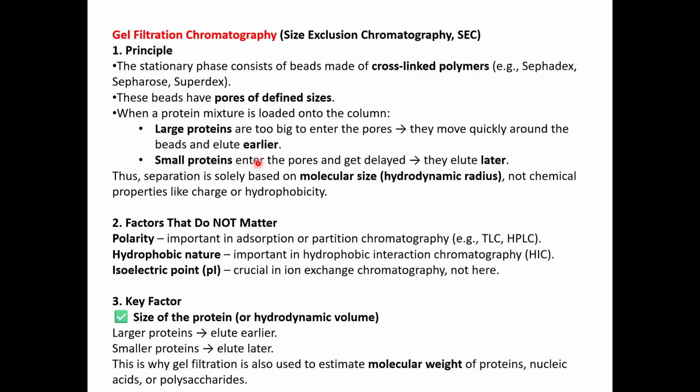The smaller molecules, which can enter the pores, will pass through all the pores of all the beads in the column from top to bottom. Therefore their travel time or retention time is more, and they get delayed during elution, and elute later, at the end.